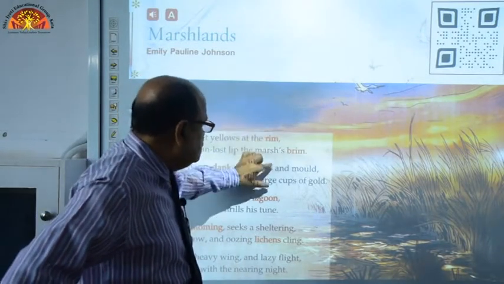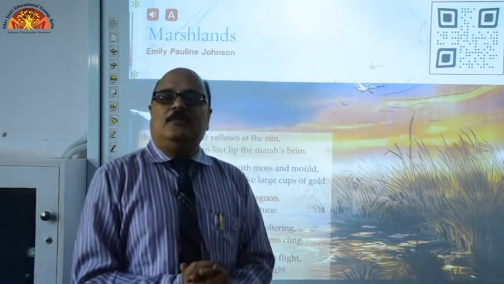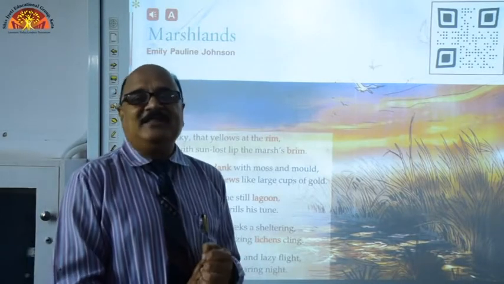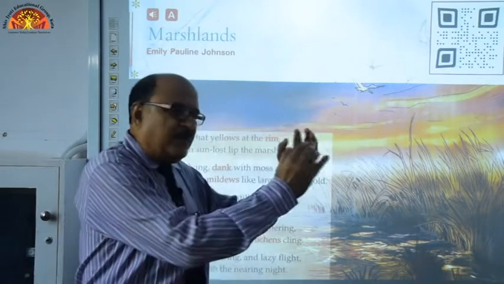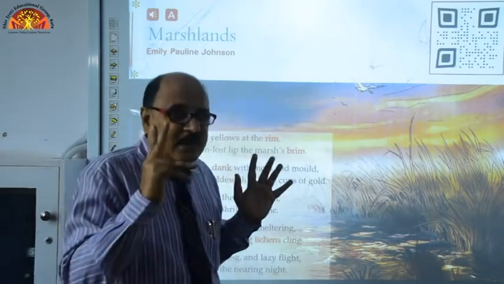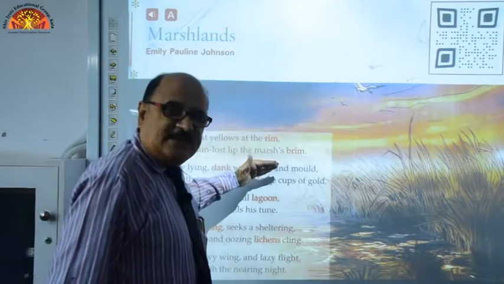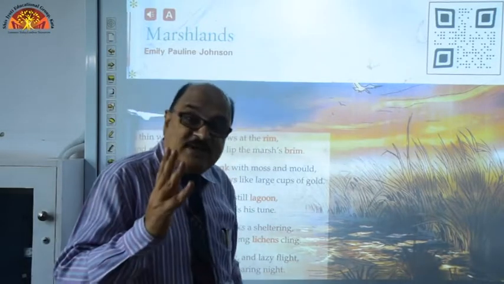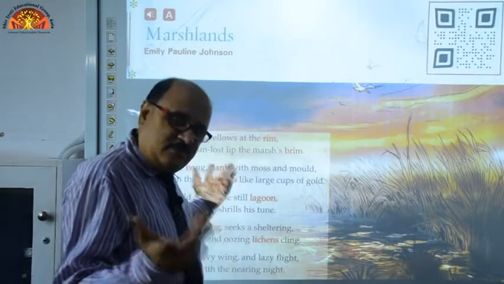So, 1 pair, 2, 3, 4, 5, 6, 7. Overall 7 pairs of 2 lines each are there, and these pairs are known as couplets. A couplet is a pair of lines, 2 lines. So, number 1, it has a fixed rhyme scheme. Number 2, it has 7 couplets of 2 lines each, overall 14 lines, right.